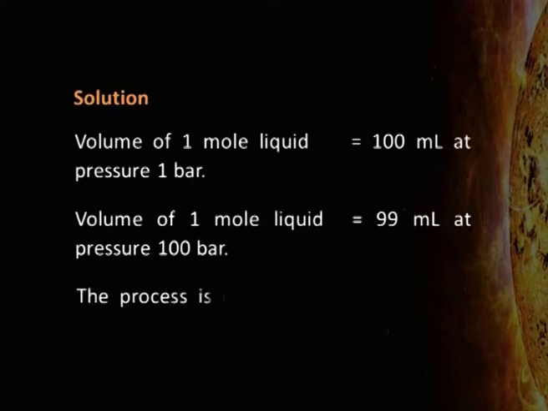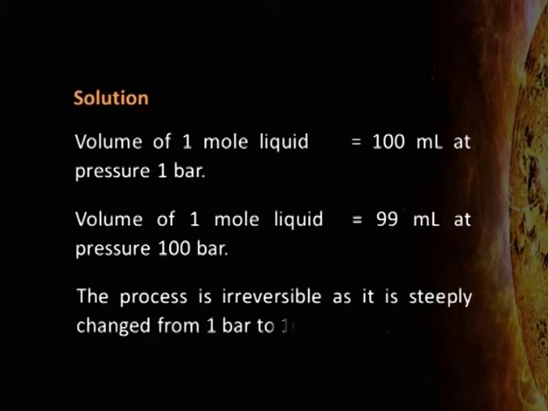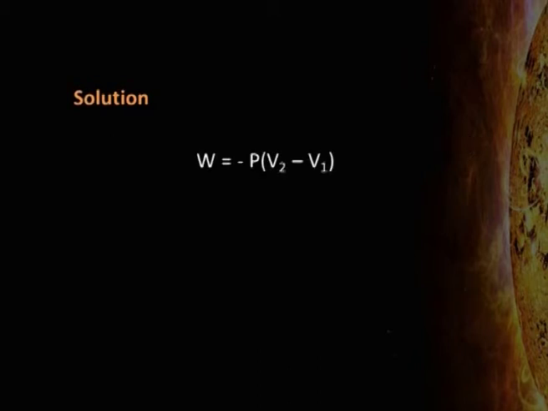The process is irreversible as it is steeply changed from 1 bar to 100 bar. Therefore, W is equal to minus P multiplied by delta V, that is minus P into V2 minus V1. This is equal to minus 100 multiplied by 99 minus 100. It is equal to 100 bar ml.